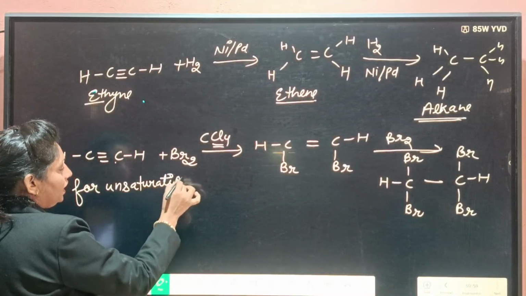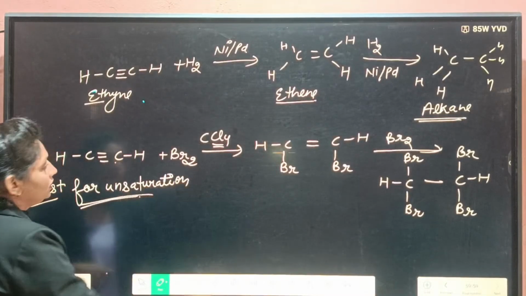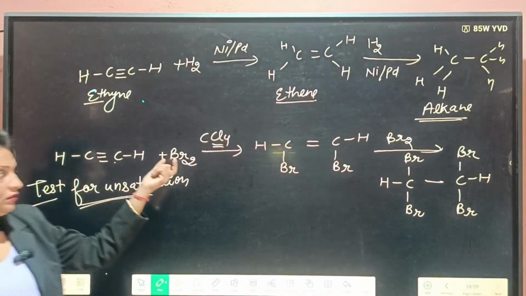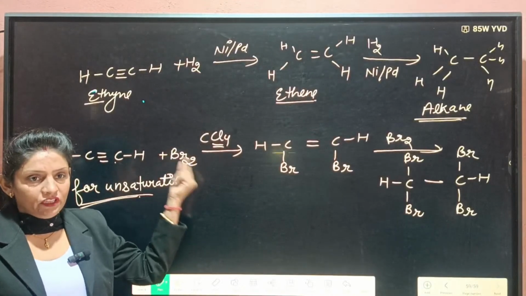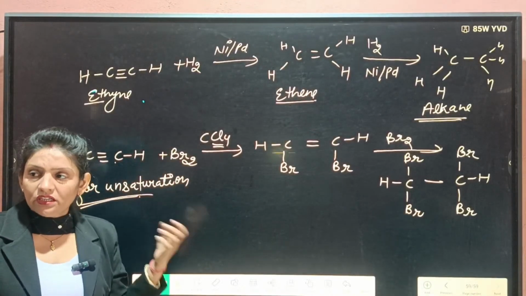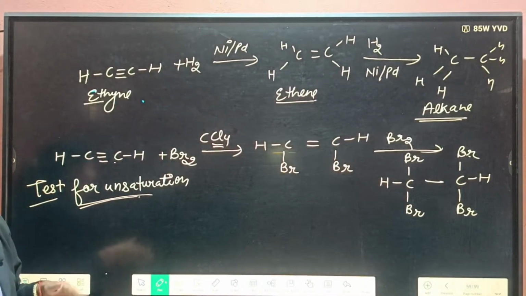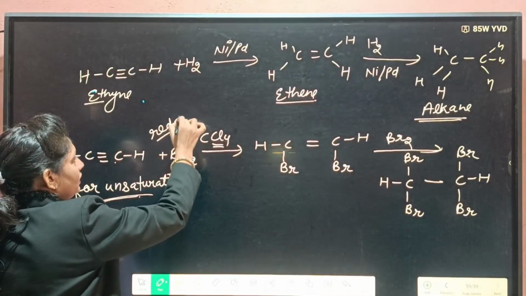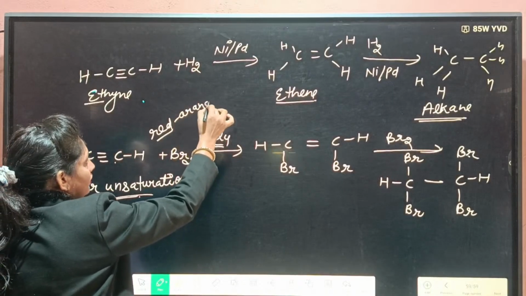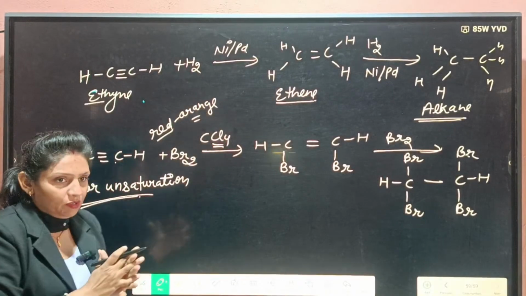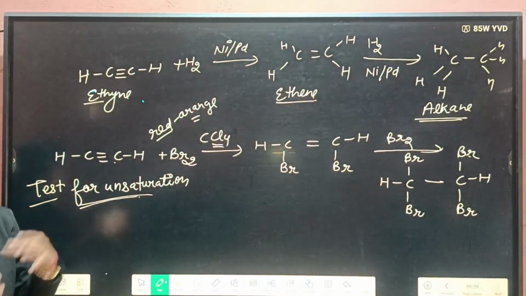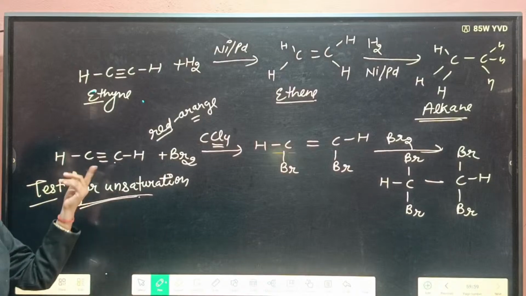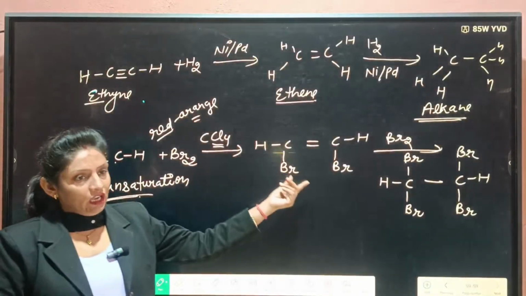If you have ethyne, meaning your hydrocarbon is an alkyne, then you add some drops of bromine. If the red-orange bromine color gets decolorized and disappears, it means it may be either an alkene or an alkyne, meaning unsaturated bonds are there.